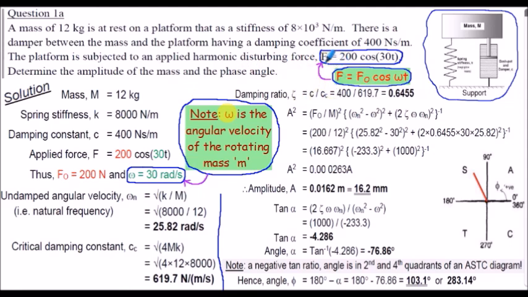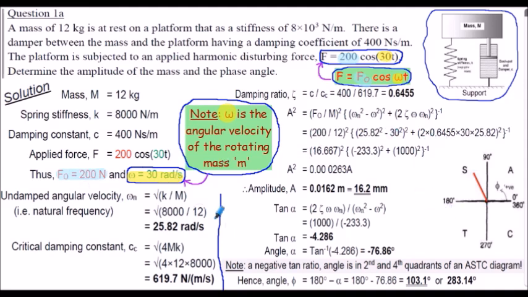The disturbing force F is equal to 200 multiplied by cos of 30t. Remember that's of the form F equals F0 cos omega t. So the 30 is omega. So our angular velocity of the rotating mass, lowercase m, is 30 radians per second. And the force F0 is 200 newtons, shown here.